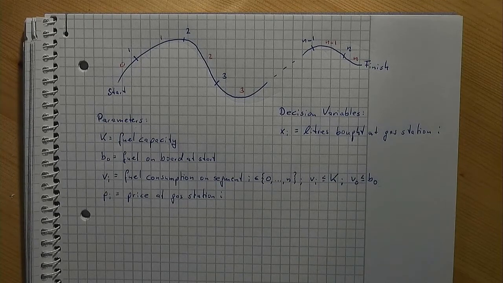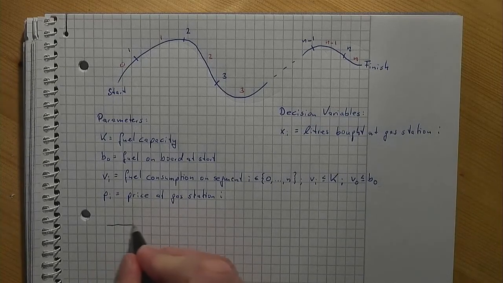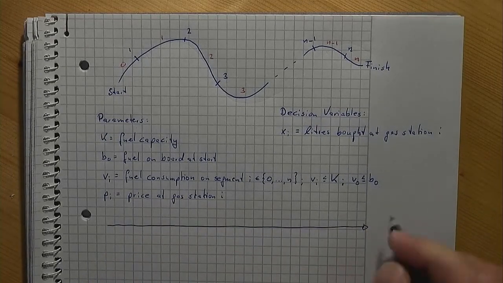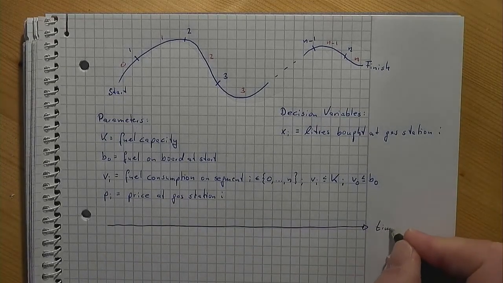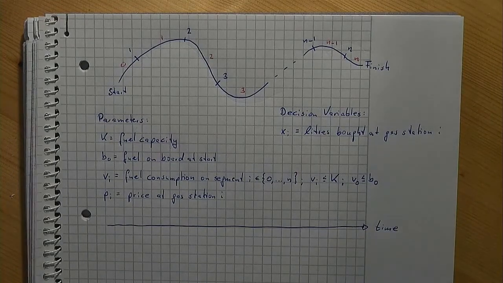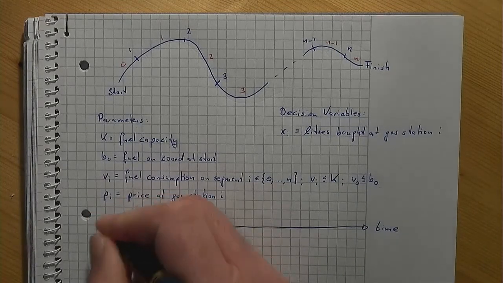One way to approach this modeling problem is to consider a timeline along which a fixed number of events occur. At some point of time, we start our trip with B0 liters of fuel on board.